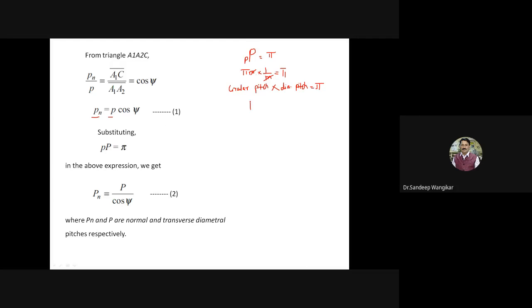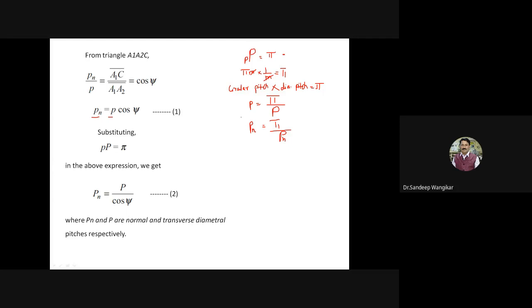Therefore, small p is equal to pi divided by capital P. And again Pn is equal to pi divided by capital Pn. So this is the expression I am taking from this basic relation. Here the direct answer is written, but I want to highlight how it is coming.